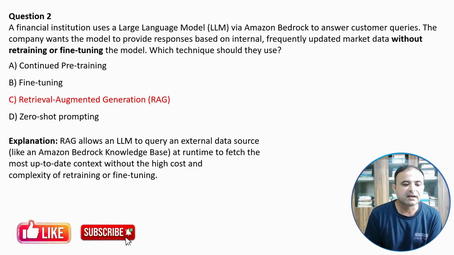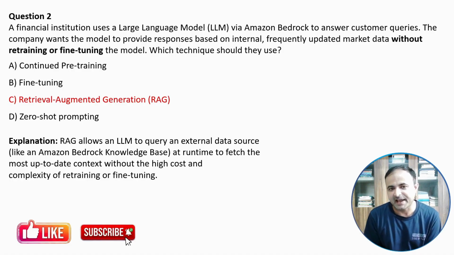That is retrieval augmented generation, the RAG approach. That will be good for relevant search, with no need for retraining or fine-tuning. RAG allows the LLM to query external data sources. If any external file, any updated and incremental file is coming, we just provide an external data source like an Amazon Bedrock knowledge base at runtime to fetch the most up-to-date context without the high cost and complexity of retraining or fine-tuning.